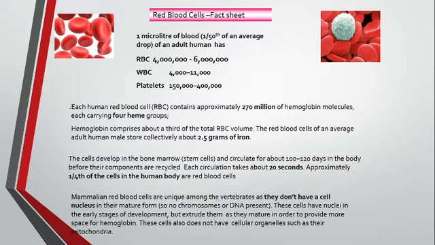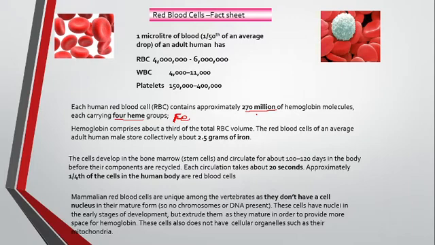Each human red blood cell, that is RBC, contains approximately 270 million hemoglobin molecules, and each hemoglobin molecule carries 4 heme groups, and these 4 heme groups contain 4 iron, that is 4 Fe atoms.